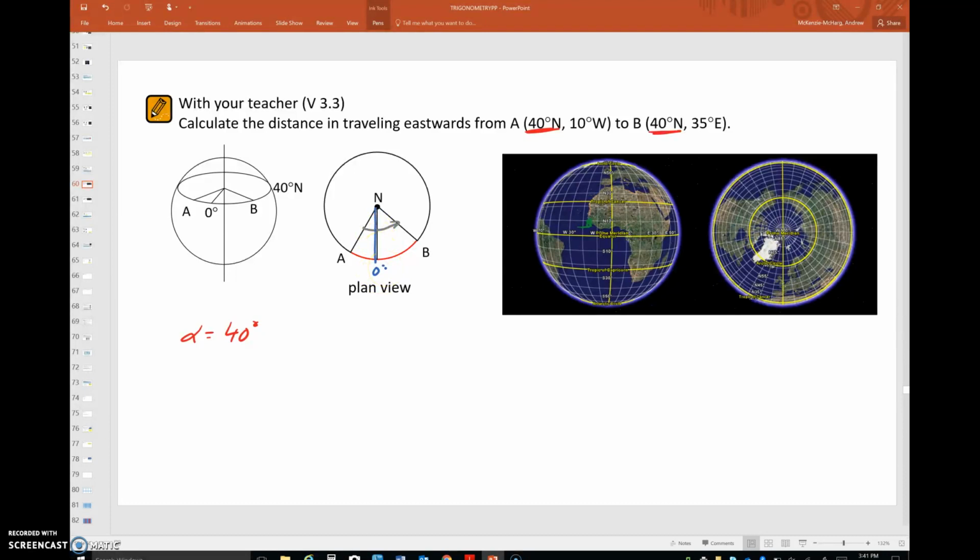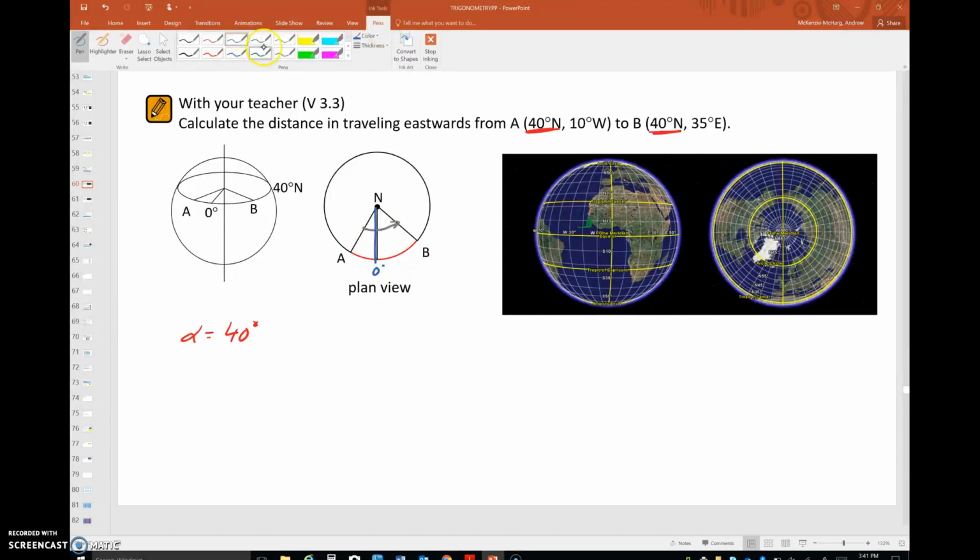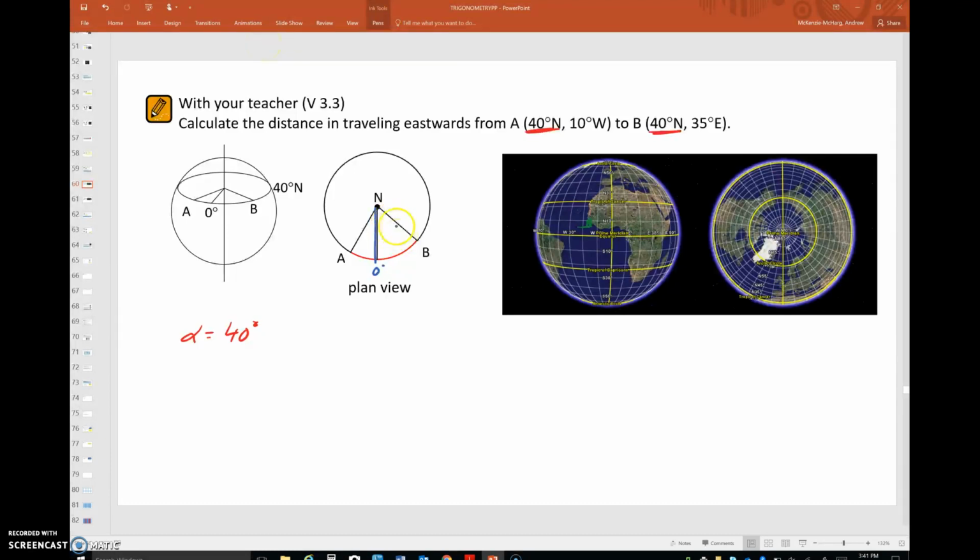Now we're told that point A is 10 degrees to the west, so west being in this direction, that's to the west. This is 10 degrees in here. And to the east is in that direction, and B is 35 degrees to the east. So we add those two numbers up in this case to get our angular separation.